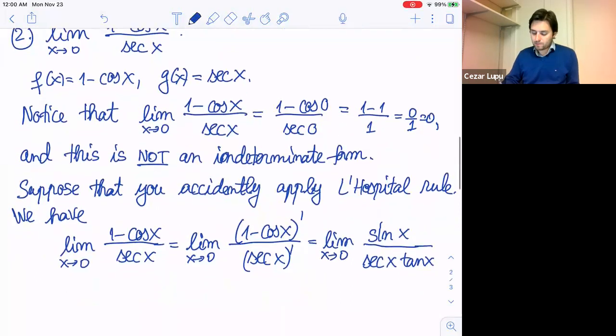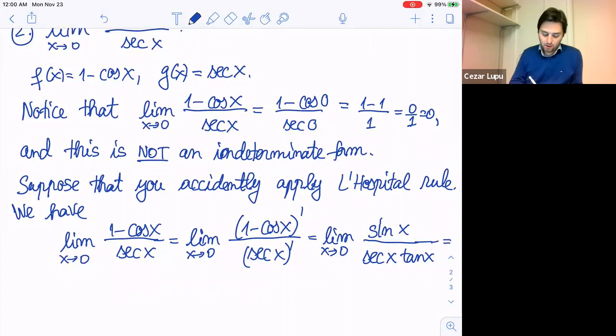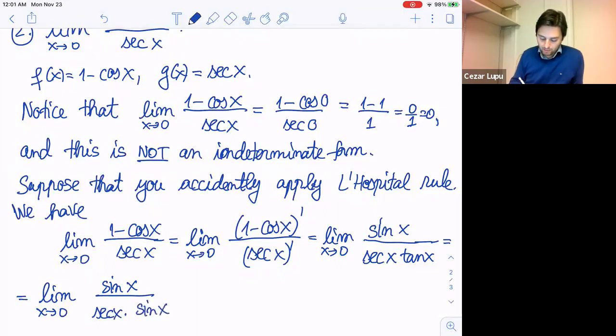And now, if we do some algebra here, this would be the limit as x approaches 0 of, let's write it, sine of x over secant of x times sine over cosine of x.